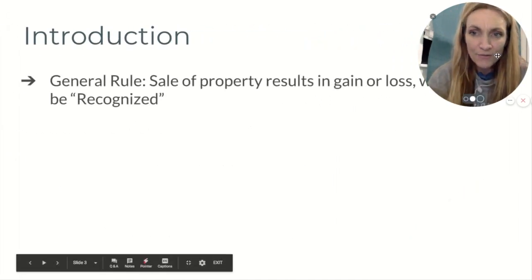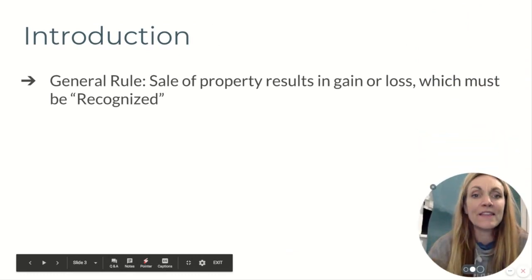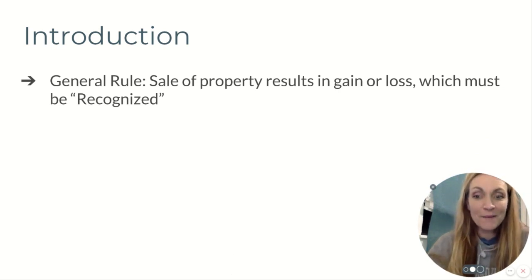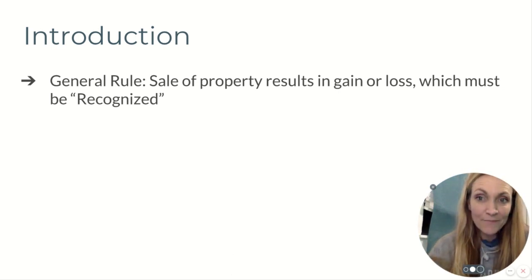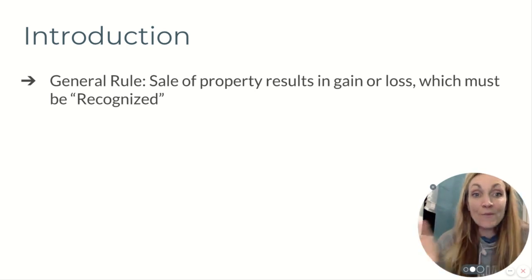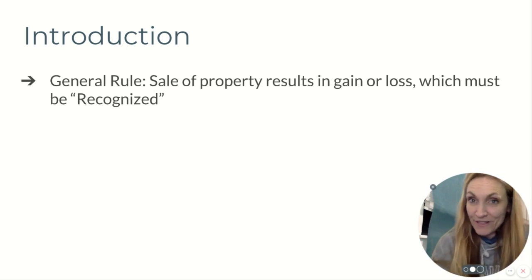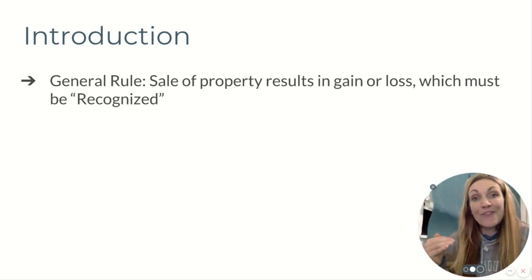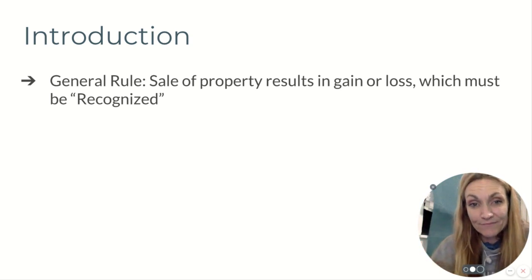So the general rule is that when you sell property, an asset, gain or loss must be calculated, realized, and then a portion recognized. Remember, realized is the amount that's calculated. Recognized is the amount that's actually taxed.